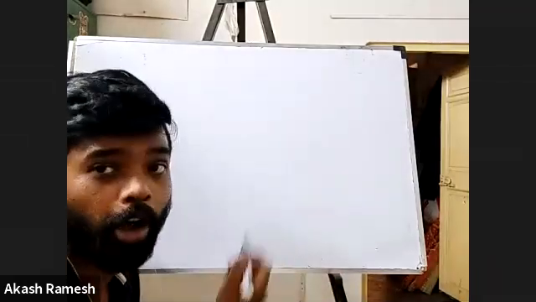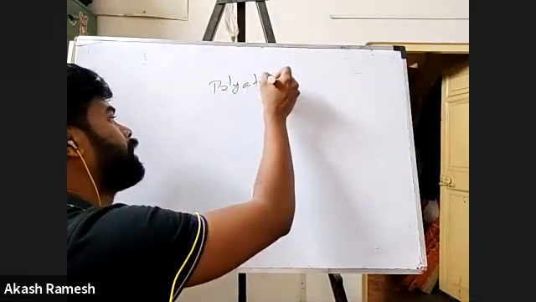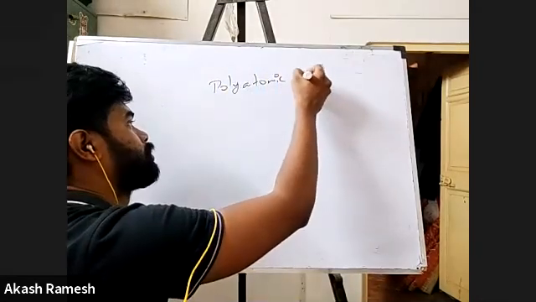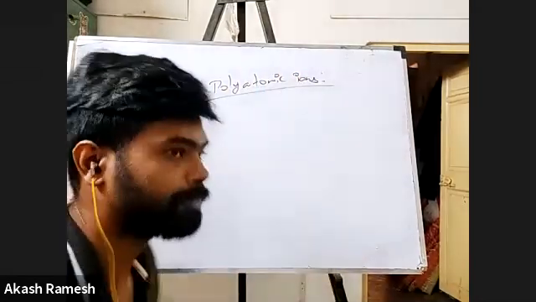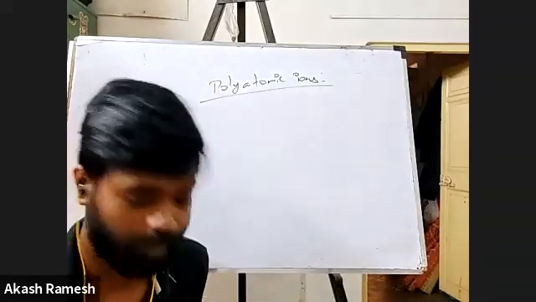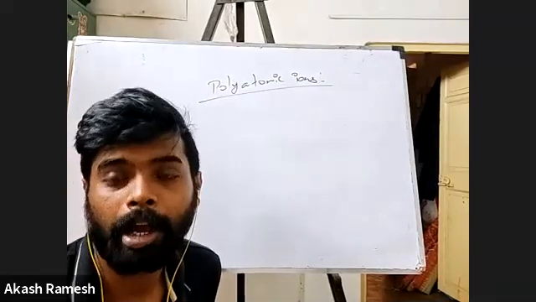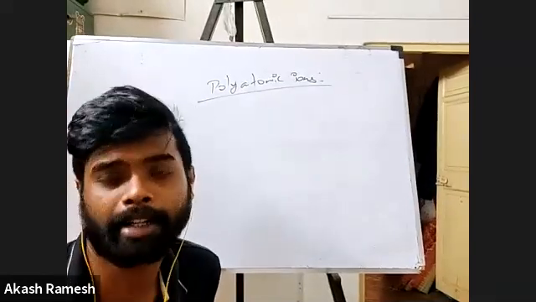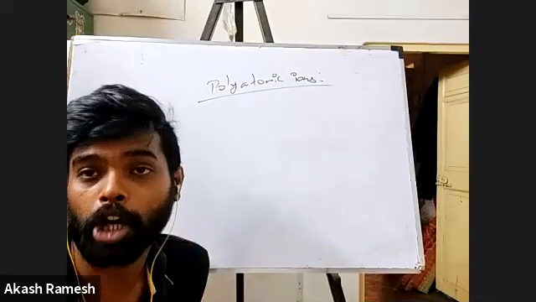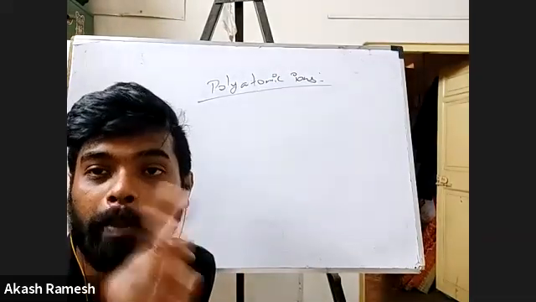So how am I going to call it? I am going to call them polyatomic ions. Polyatomic ions. Okay, so from the name itself, we can understand poly means many. Atomic means many types of atoms are going to be there. Till now, what we saw are monoatomic ions.